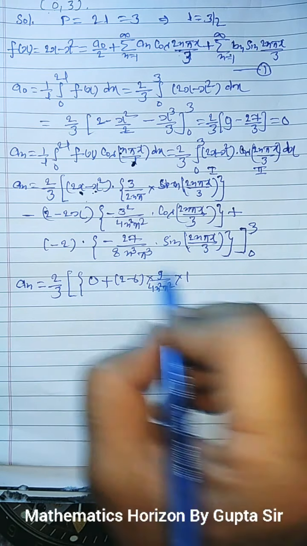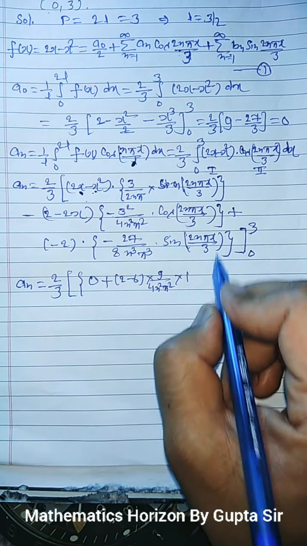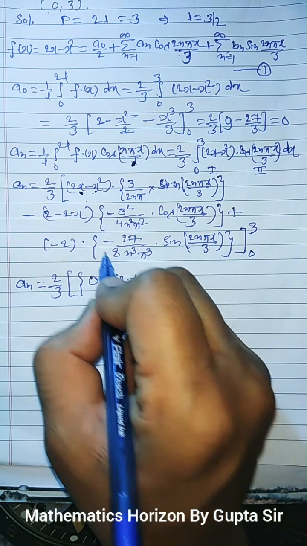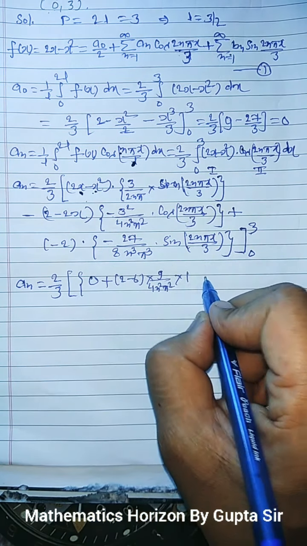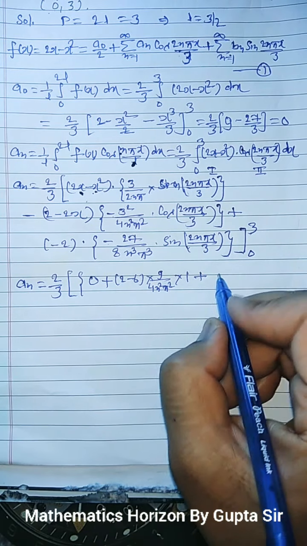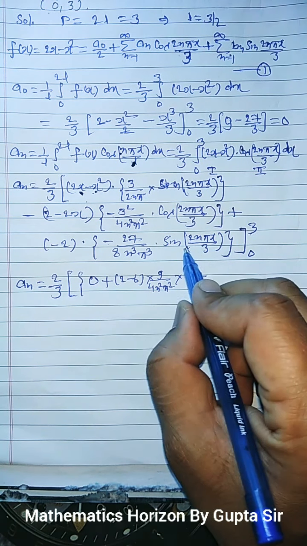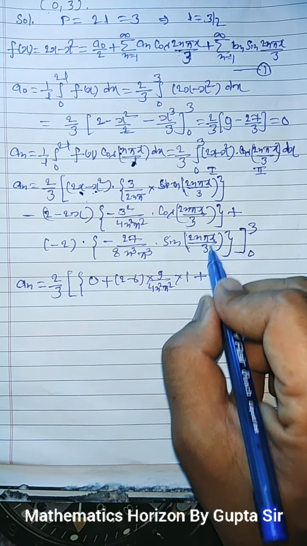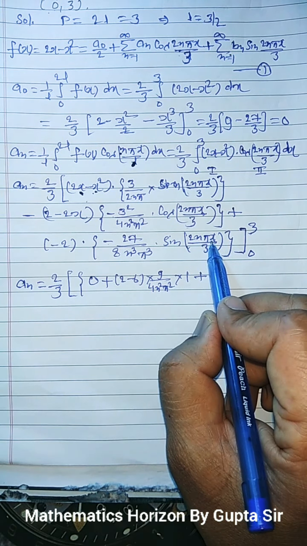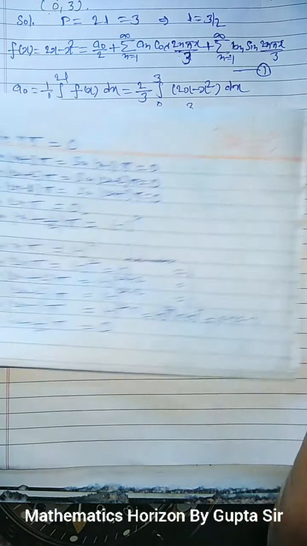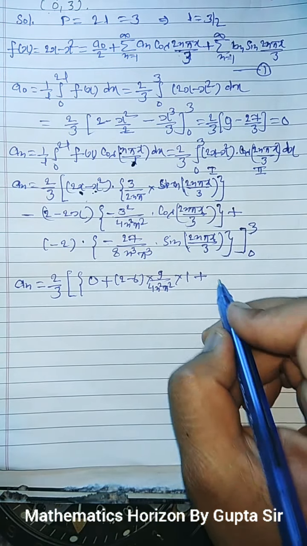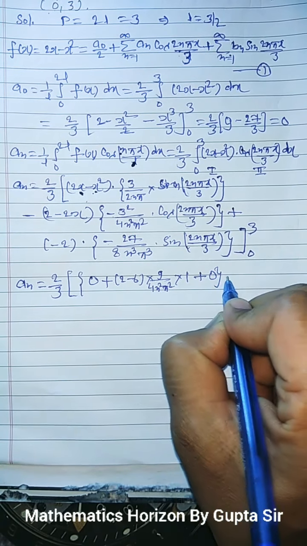Then again we have, when we put x equal to 3, here we can solve this minus and this minus is plus, and here we have sine term. When we put x equal to 3 cancel out, means sine 2n pi, and again we know that sine 2n pi is 0, means this term will be 0.